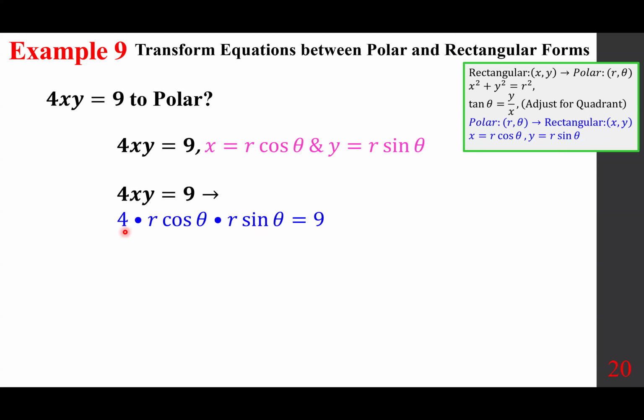So we have a 4 times r squared sine theta cosine theta equals 9.